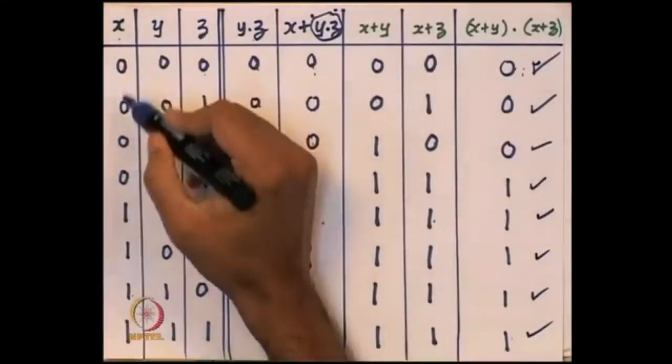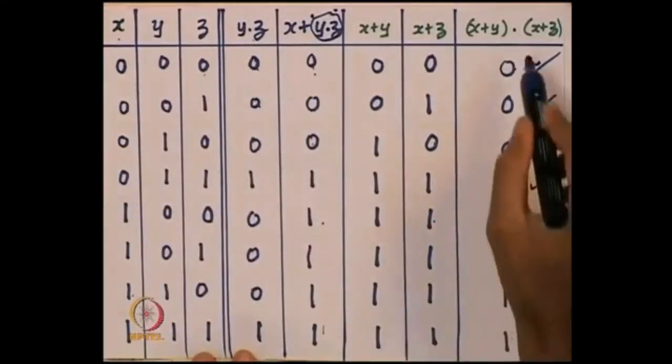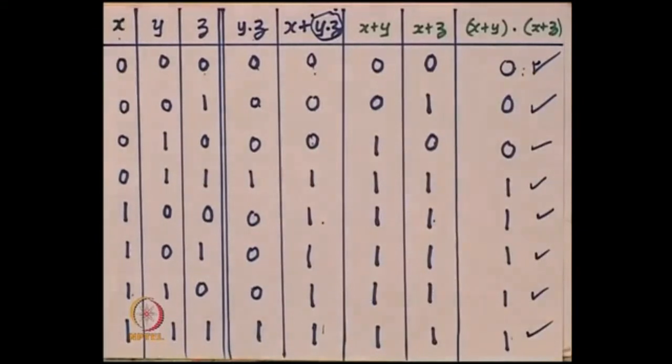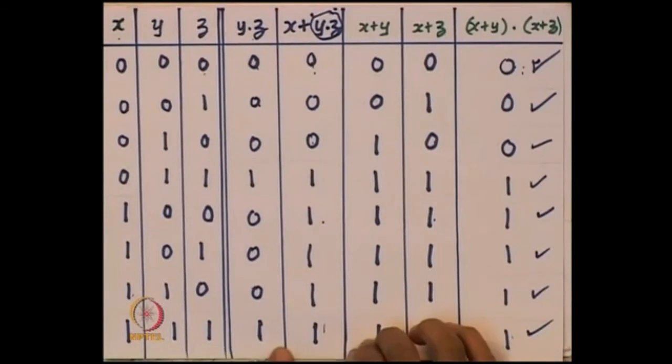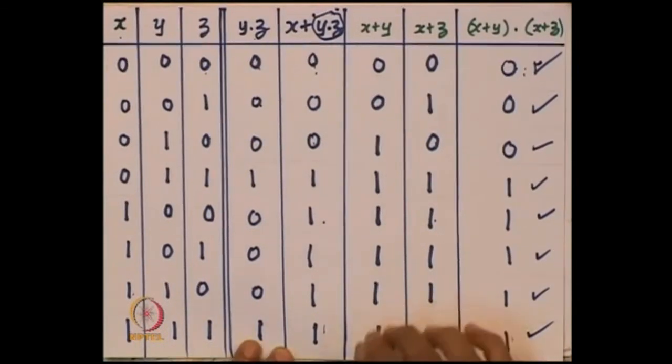So for all the possible choices of inputs that we have here, these two columns match, which means the left hand side must be equal to the right hand side. So this is such a basic proof technique that you need to know, and if not for anything, you can always go back to what is called drawing the truth table to get the correctness.